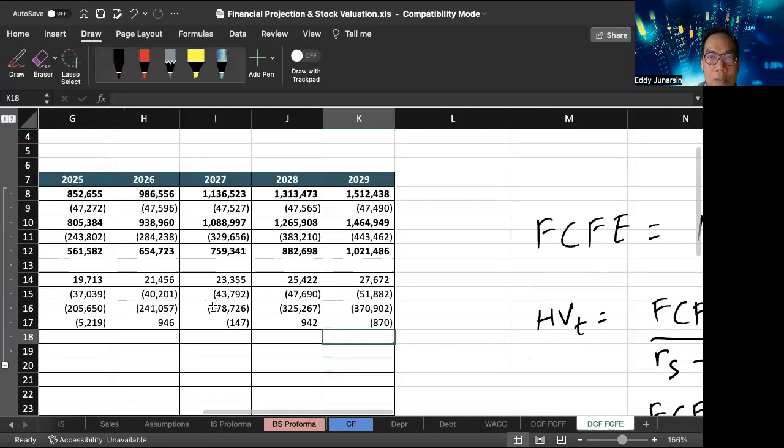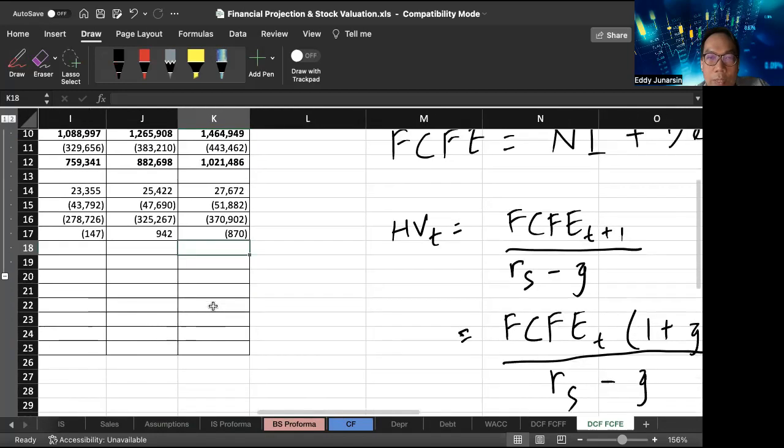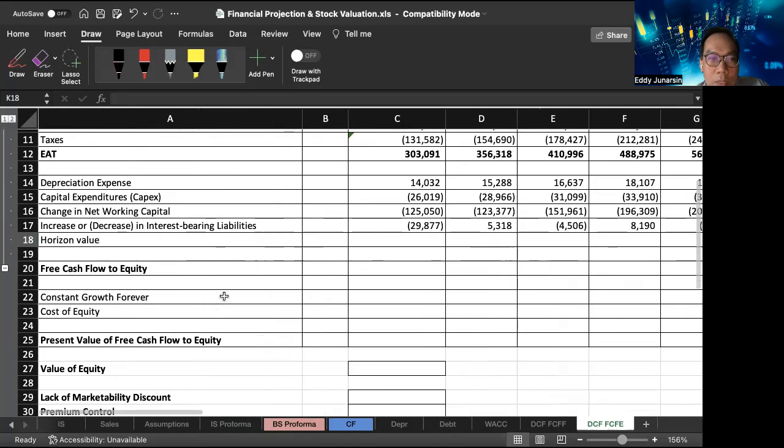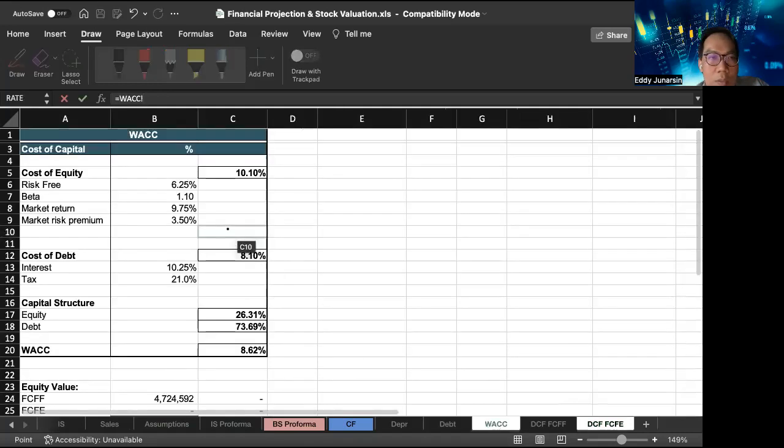So what's the cash flow? Next cash flow. Again, the constant growth forever is 1.5. And the cost of equity is 10.10.